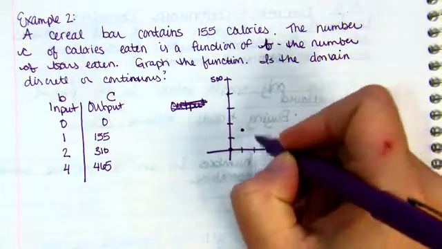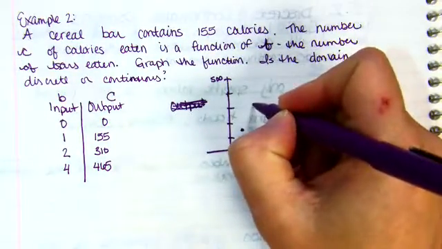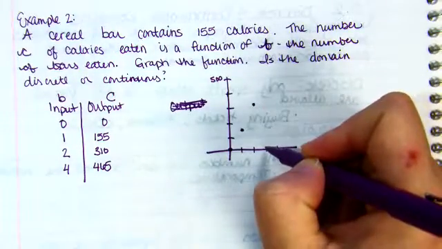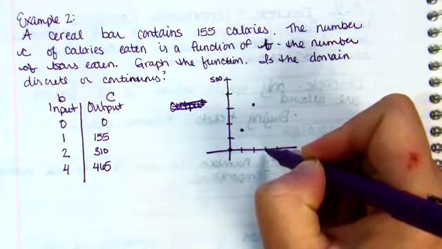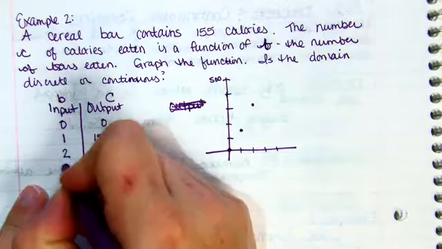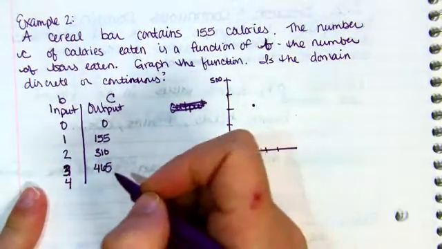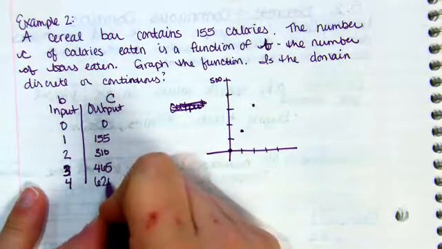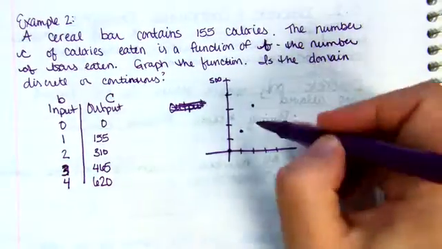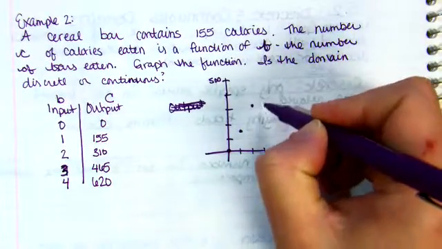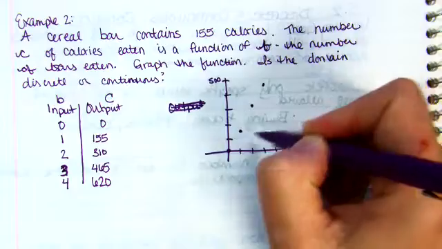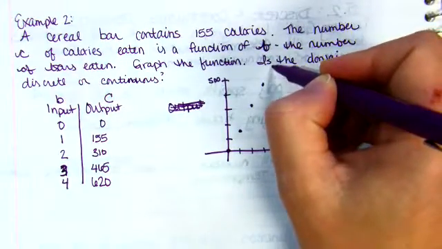If I eat 2, that's 310 calories. 3, oops, I skipped over 3. That's supposed to be 3. 4 bars would then be 620 if I added 155 to that. So 3 bars would be 465. 4 bars is going to be off, but you can see it would be up here somewhere.